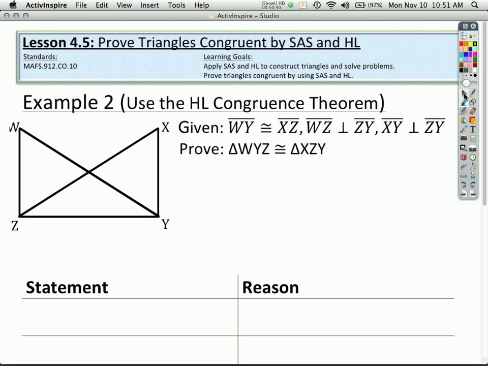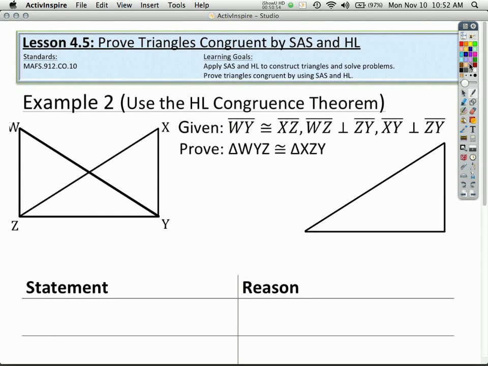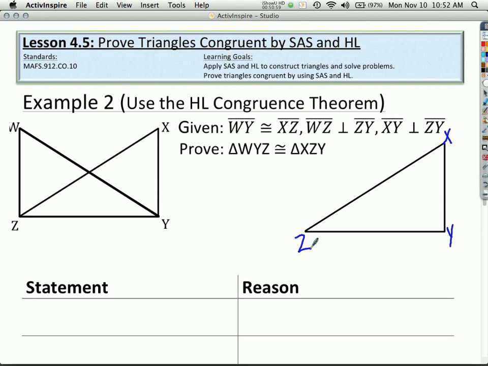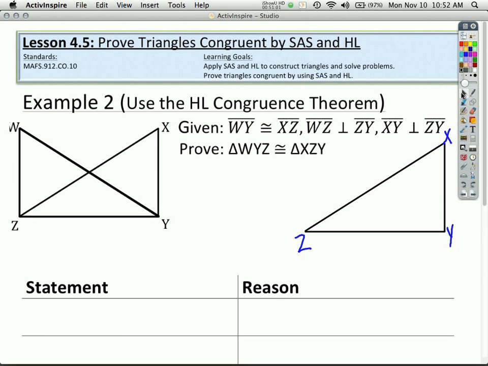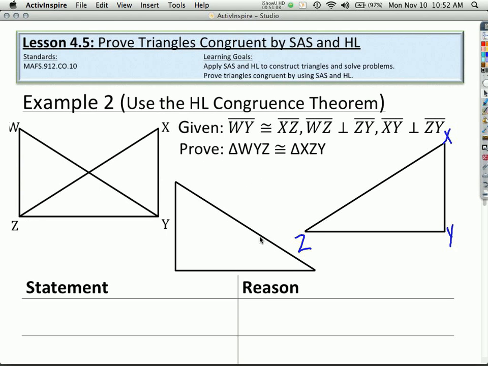And so to help myself and to help you, what I did was take this complex picture and use my creativity and my brain to try and make it into a picture that made more sense to me. So this I pulled out, and this is now X, Y, Z. And now if I pull this triangle out, put it over here, and I didn't leave myself enough room.